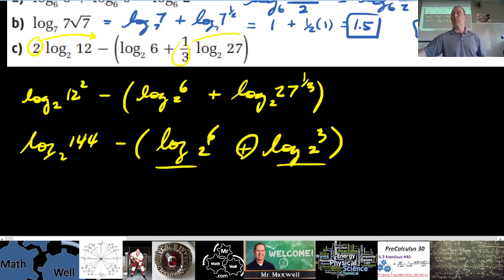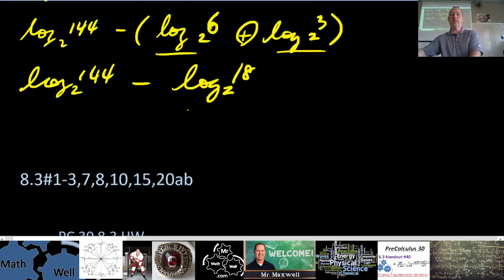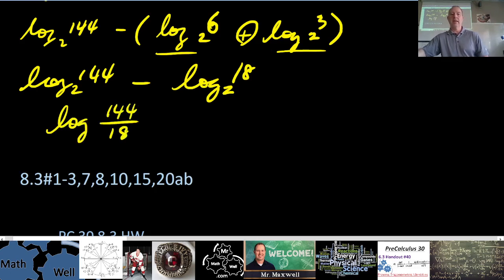And it's really important that these have the same base, because this rule only works when we have the same base, remember. So I'm going to go log of 144 base 2 minus log of, what's 6 times 3? 18 base 2. All right, so up to this point, we're in tough for solving this base 2, but I could do one more thing. What's 144 divided by 18?